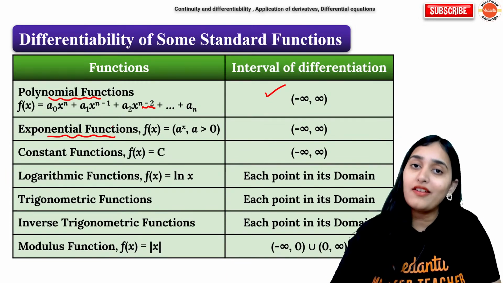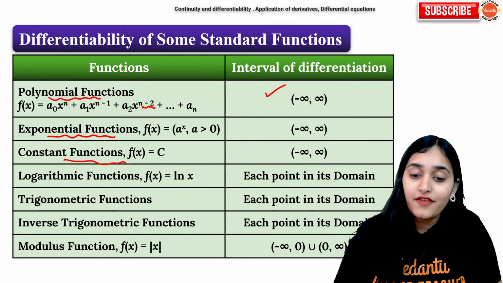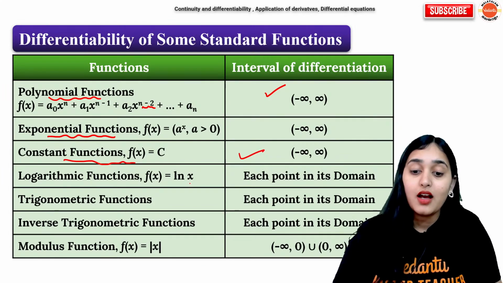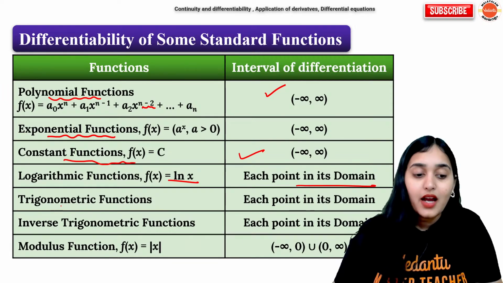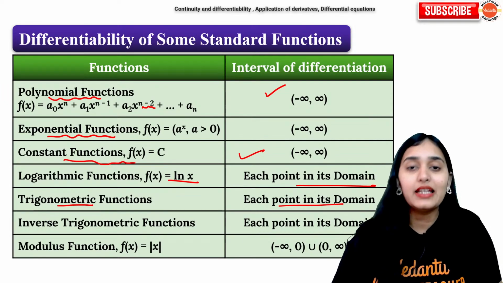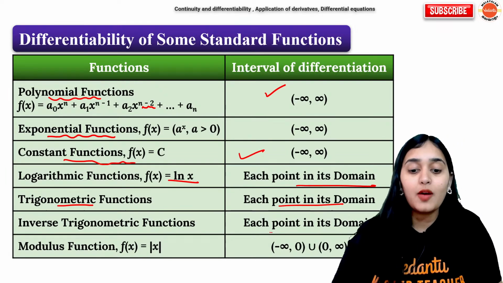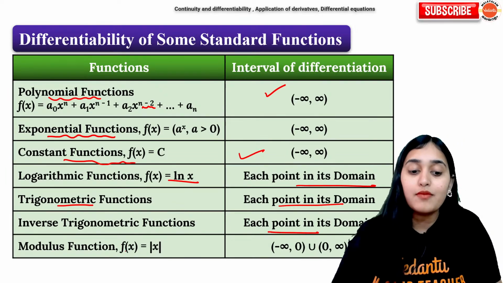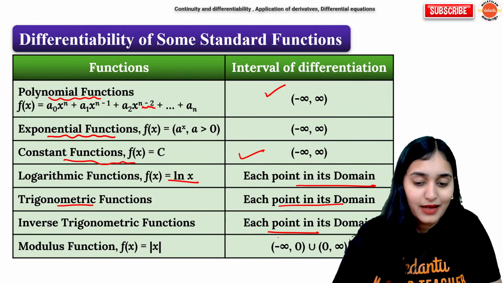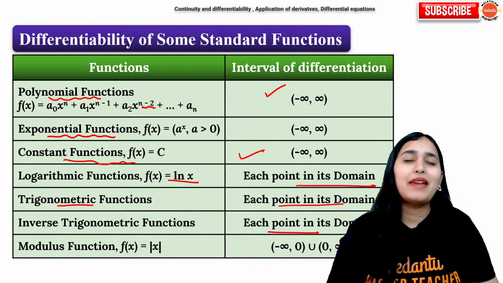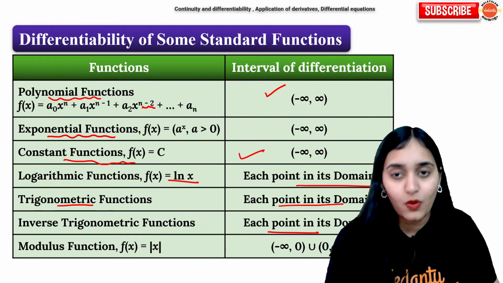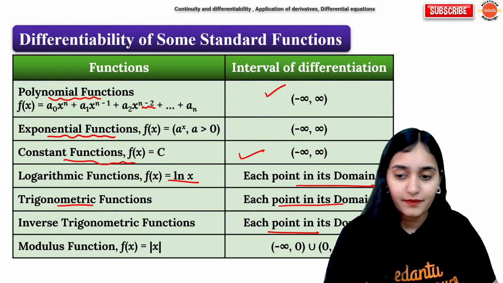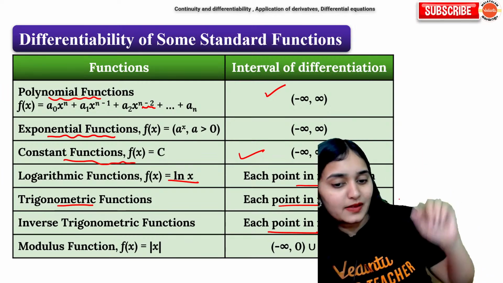Exponential function is always differentiable. Constant function is always differentiable. Log function is differentiable only in its domain. Trigonometric function only in its domain. Inverse trigonometry again only in its domain, and modulus function is differentiable from minus infinity to infinity except 0.